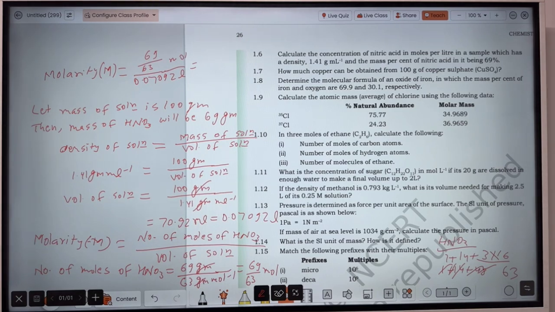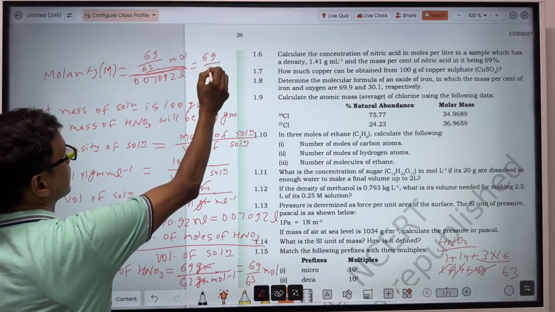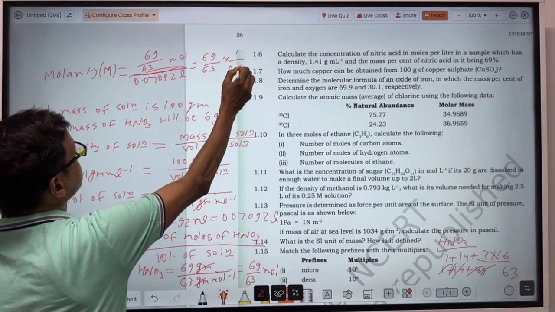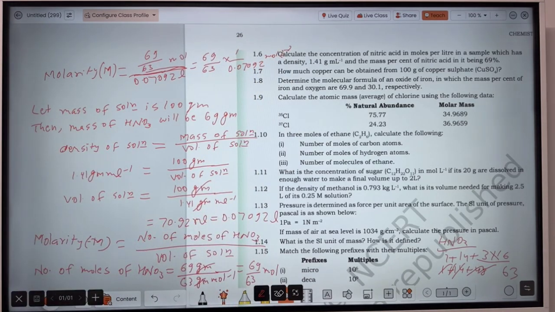Guys, watch out, the main division line is here. This one is the main division line. So that will be 69 by 63 into 1 upon 0.07092, that much moles per liter. That comes to 15.44. So the molarity of the solution will be 15.44.